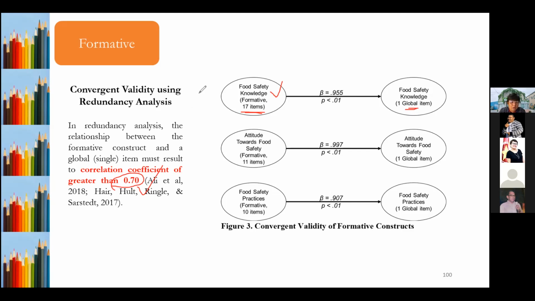So it means it has convergent validity. The same is true for the other variables used in this study, attitude and practice. You will see all the correlation coefficients passed this requirement. So we call that convergent validity using redundancy analysis.